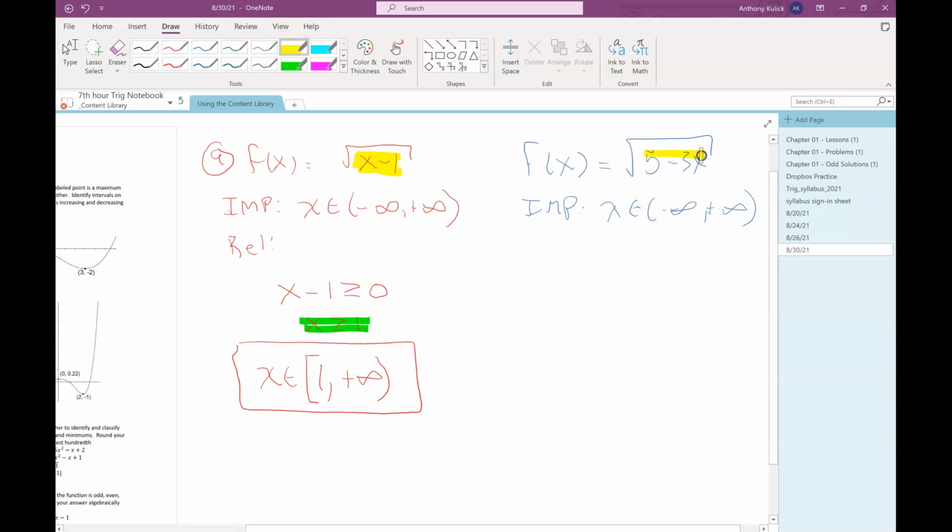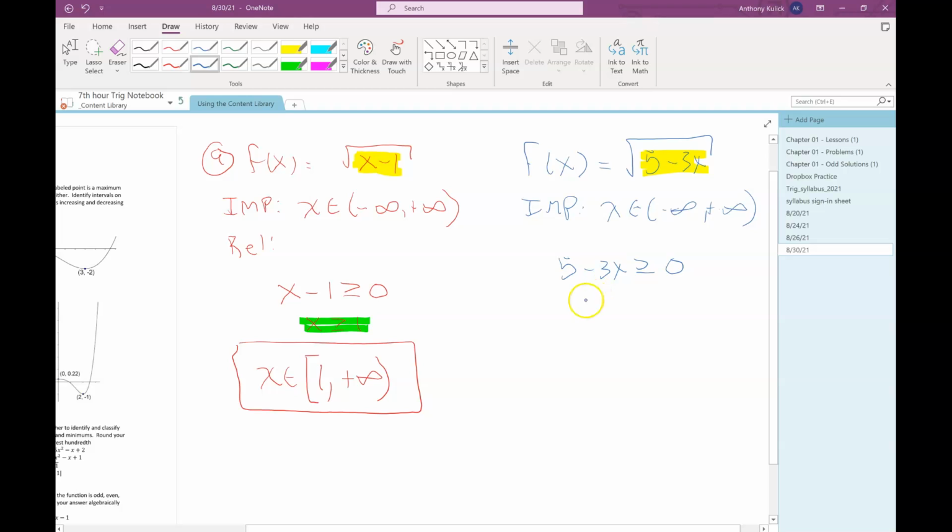And just like before, the parts under the square root can't be negative. So we'll solve this inequality for x. Oh my goodness, I wrote down totally the wrong thing. 5 minus 3x. Thank you. Okay.